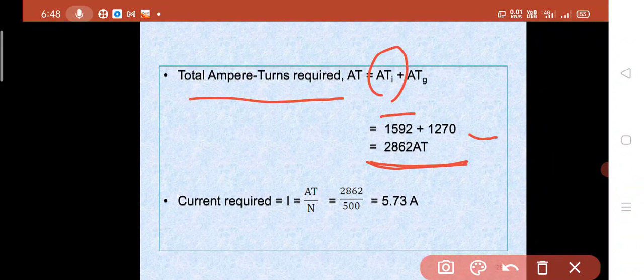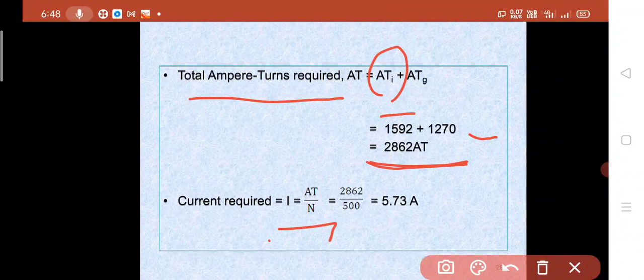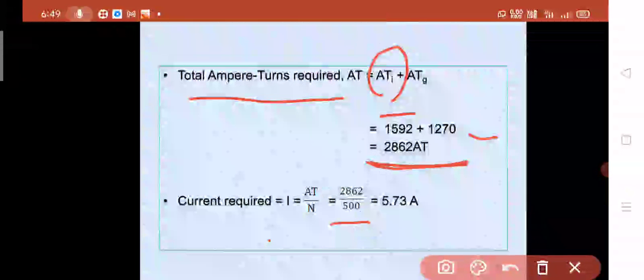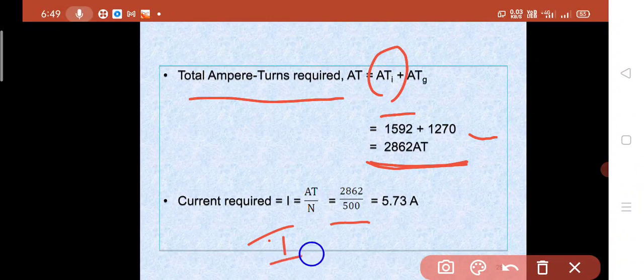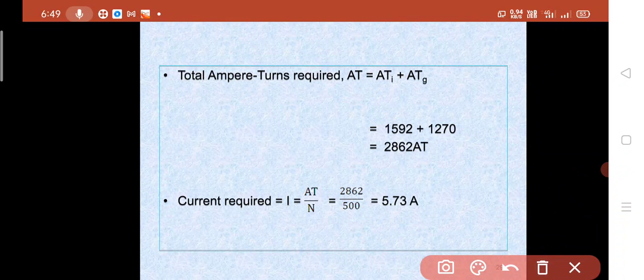So the current required I is equal to ampere turns by N. Ampere turns is 2862 by N, where N value is 500. So the total current I is equal to 5.73 amperes.